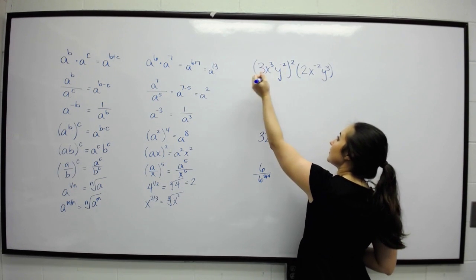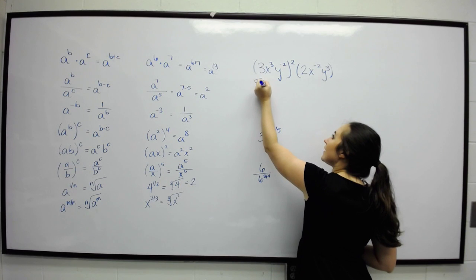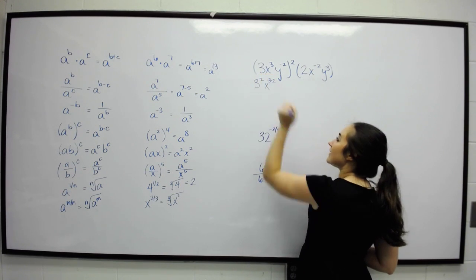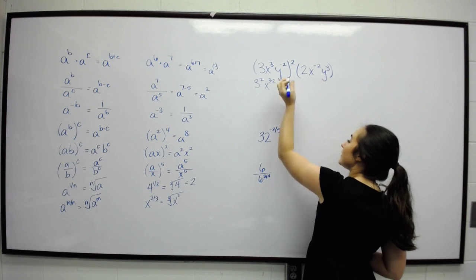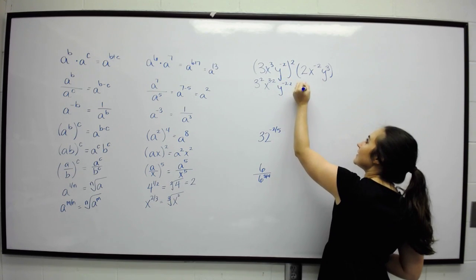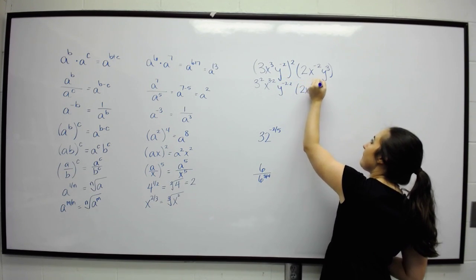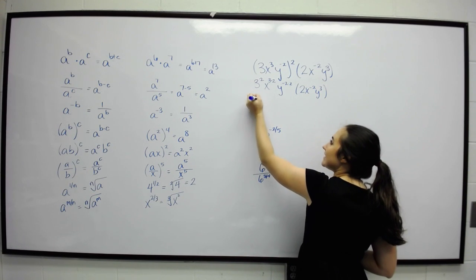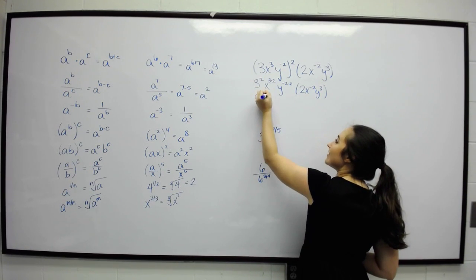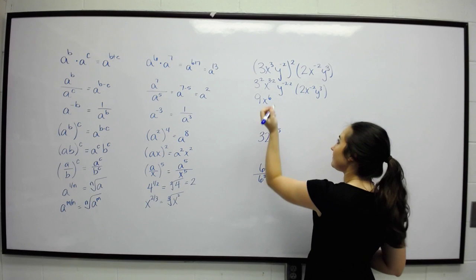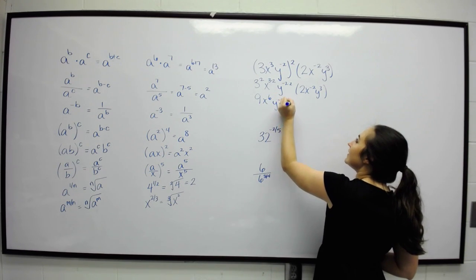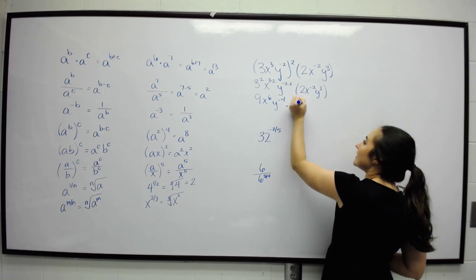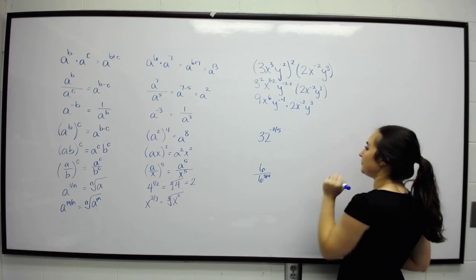So we would say 3 squared times x to the 3 times 2 power times y to the negative 2 times 2 power. And we're just going to leave this the same. So 3 squared is 9. This would be x to the 6th power. This would be y to the negative 4th power. This would be times 2 x to the negative 2 y cubed.